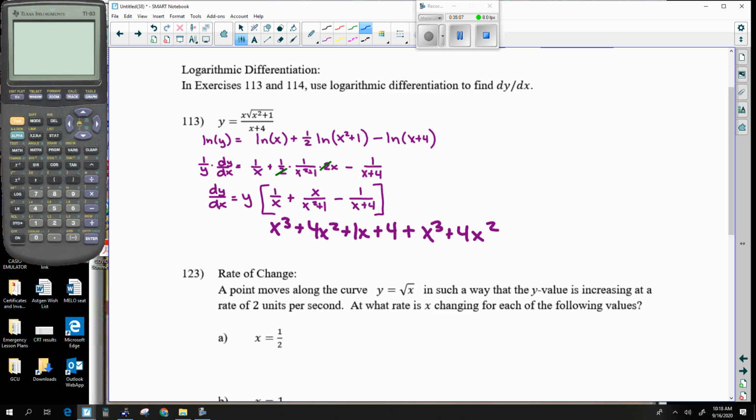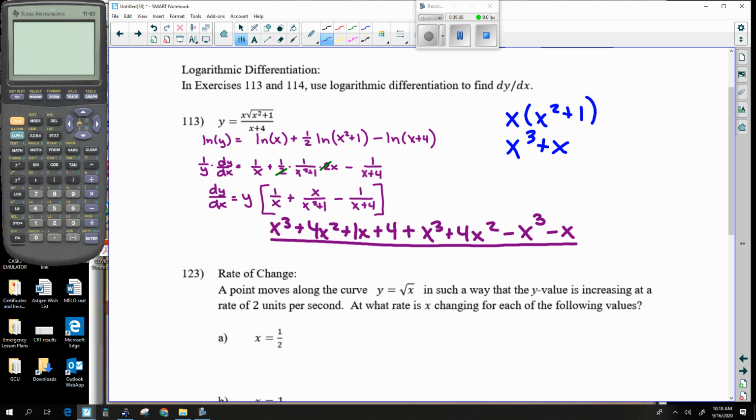And then last but not least is that third fraction, which needs an x and an x squared plus 1. Its numerator is -1, so this is going to get a negative x to the third minus x. And so that will establish the common denominator of x, x squared plus 1, and then x plus 4.